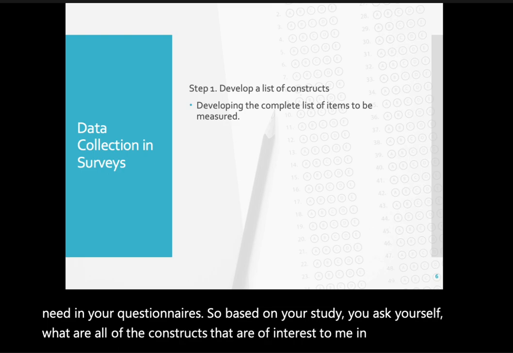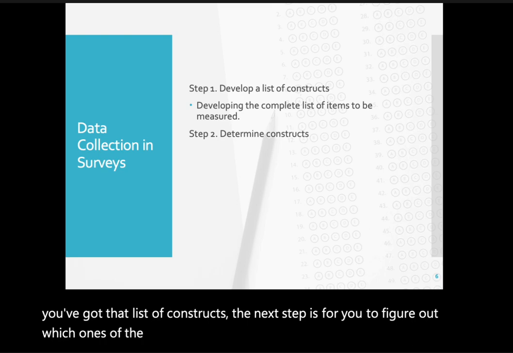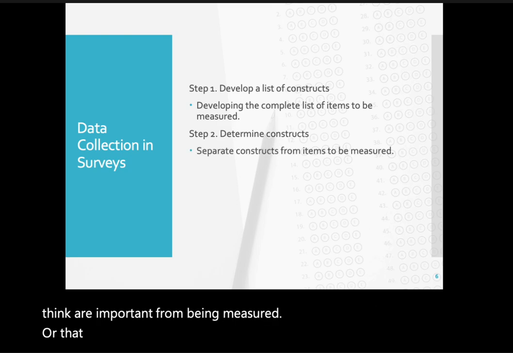Once you've got that list of constructs, the next step is to figure out which of those constructs you want to measure, which ones you think are important or can be observed.